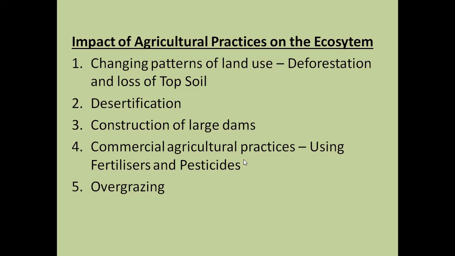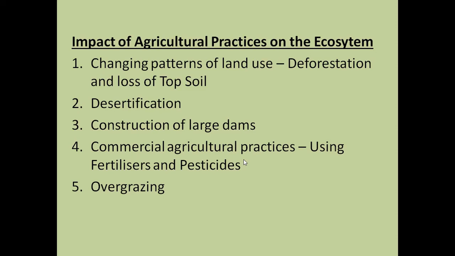Desertification. Now this desertification is actually the gradual process of the normal land turning into a desert area through human actions. And how can this be possible?